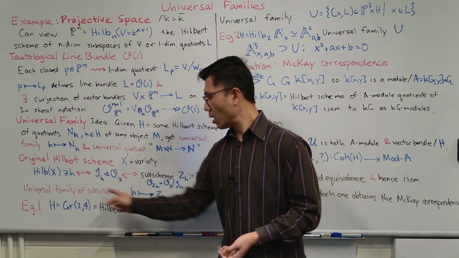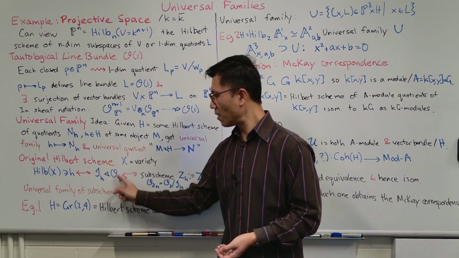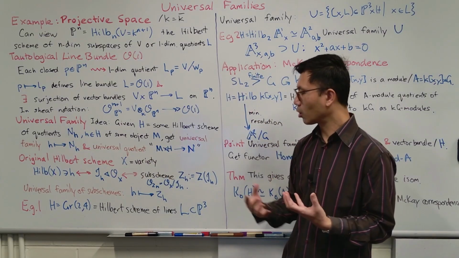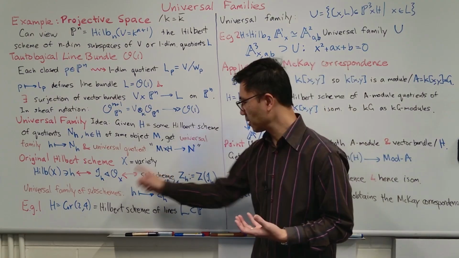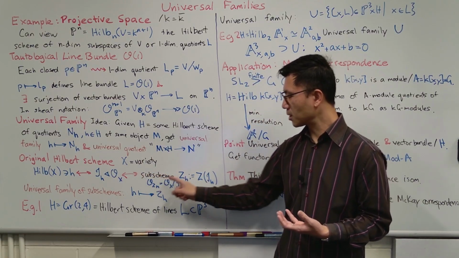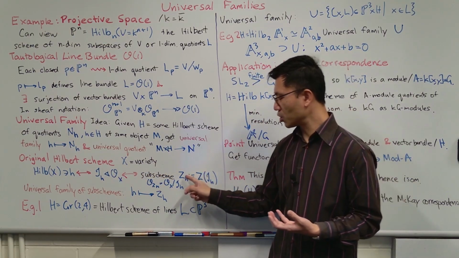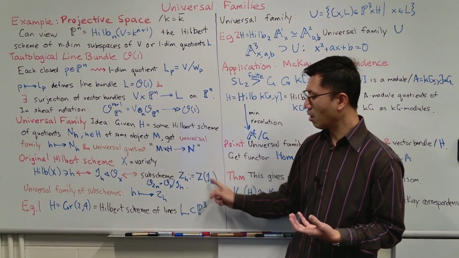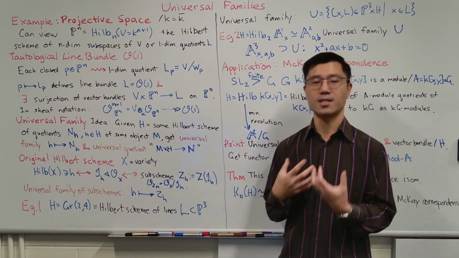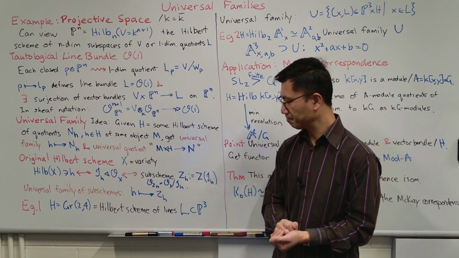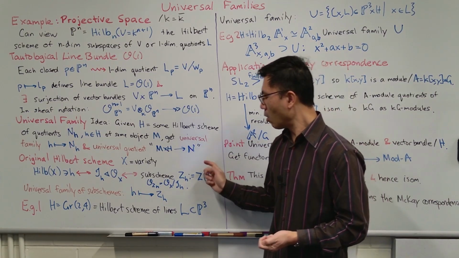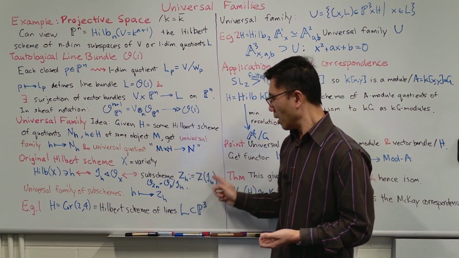And remember, the ideal sheaves inside here also correspond to the closed subschemes of this X. So you get the closed subscheme Z_h, which is basically the zeros of the ideal here, but thought of as a scheme. So this will be a subscheme of X. And this is rather nice.